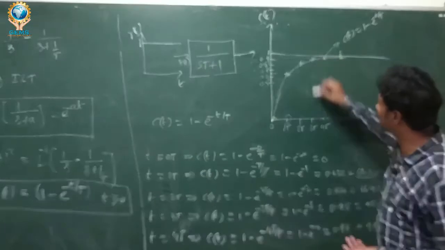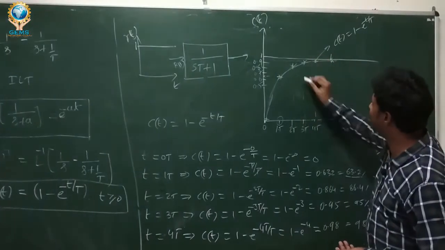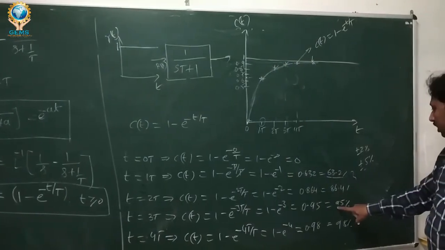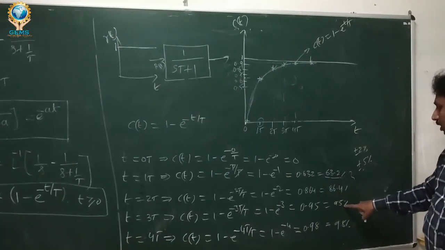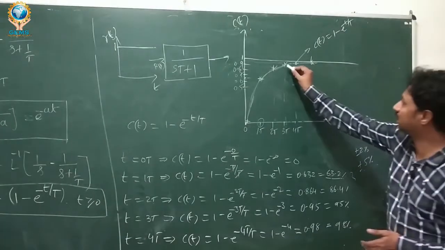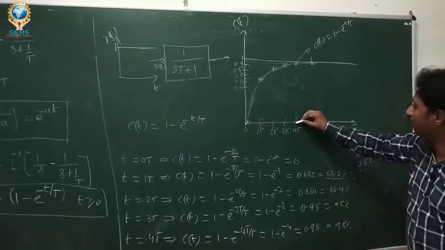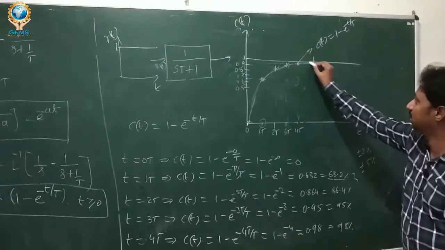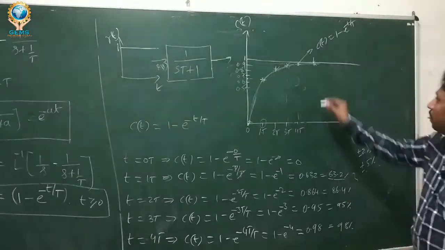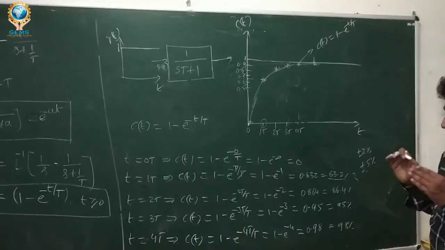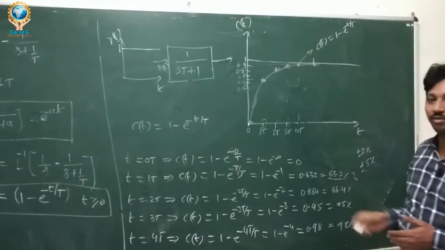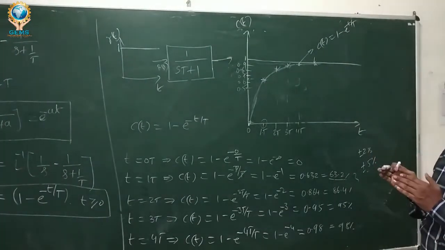Now when you take 3T, so this is a time constant. See here 86.4, here is 95. It's only about 9% increase from here. Again at 4T, how much? Just 3% is increased. It means as the time is increasing, our response is reaching the final value very slowly.